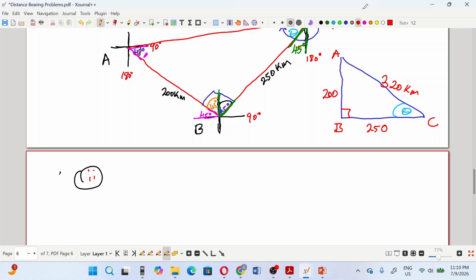And we use the idea of SOHCAHTOA, right? So if I want to focus on the original one, I can use tan because I have my opposite and adjacent. And this is my theta. So I'm going to say my tan theta is equal to the opposite, which is 200, all over the adjacent, which is 250, right?